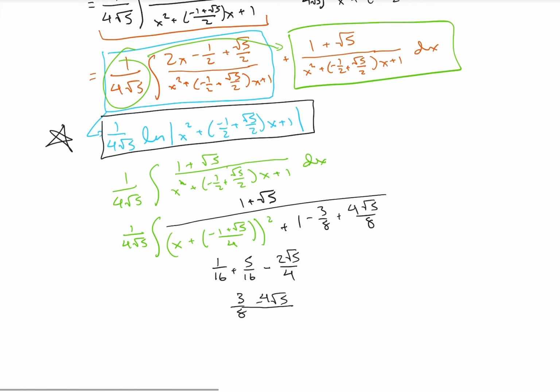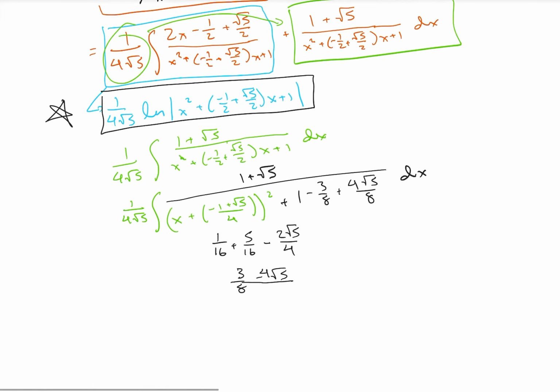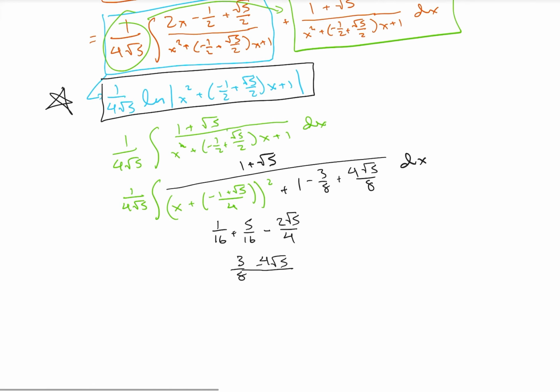So then I'm going to do a few things here. First, I'm going to pull out that 1 plus root 5 from the numerator. And I'm going to end up getting 1 over 4 root 5 times 1 plus root 5.